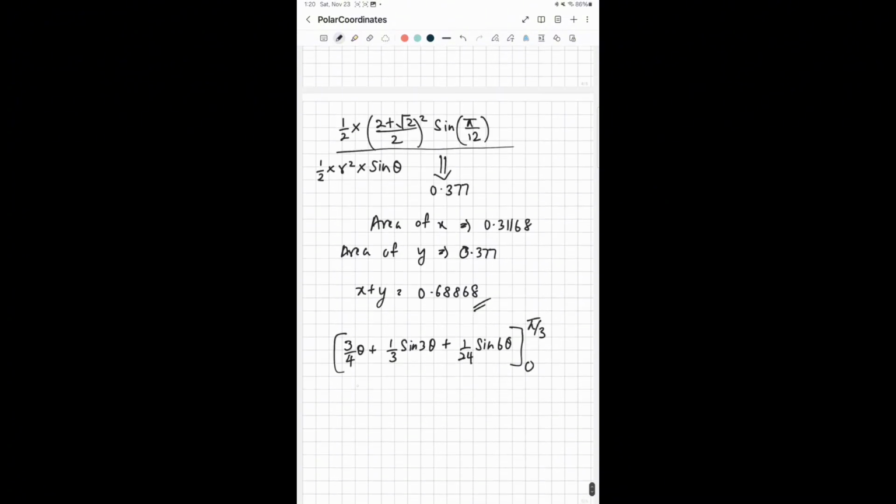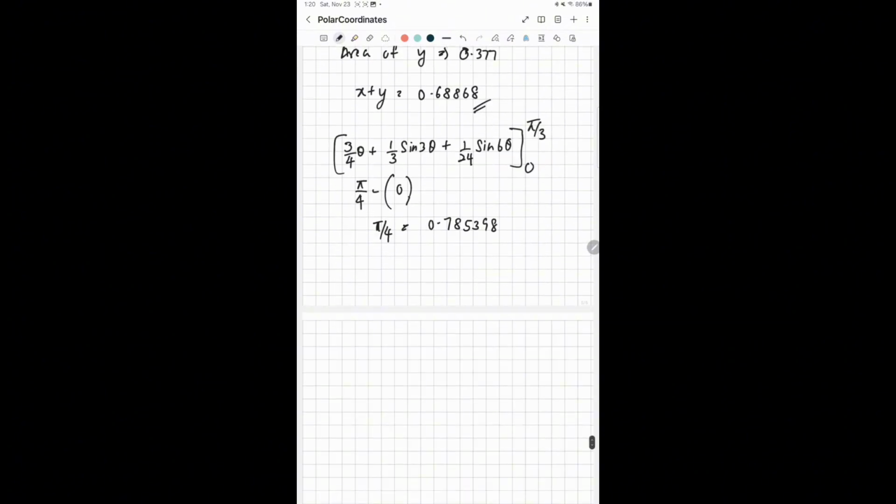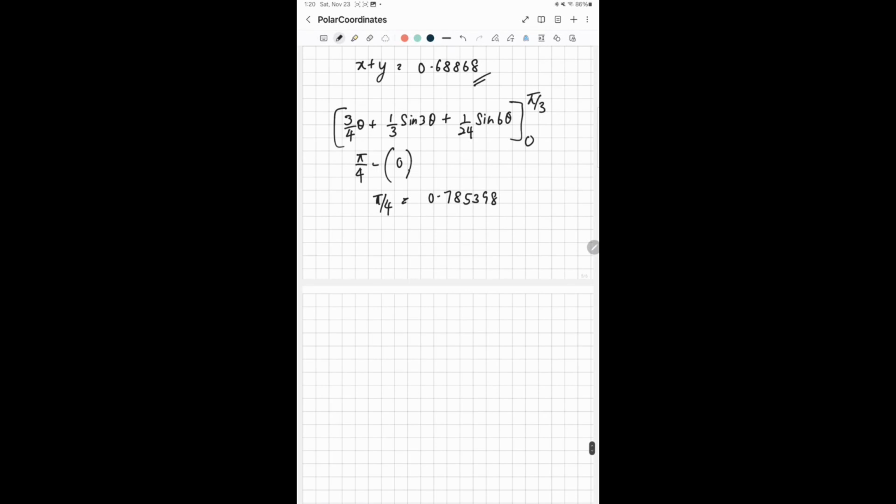So I can put in pi/4, subtract by, if you're putting 0 to everything, it will just end up as 0. So pi/4 is the area of the whole curve, which gives you 0.785398.